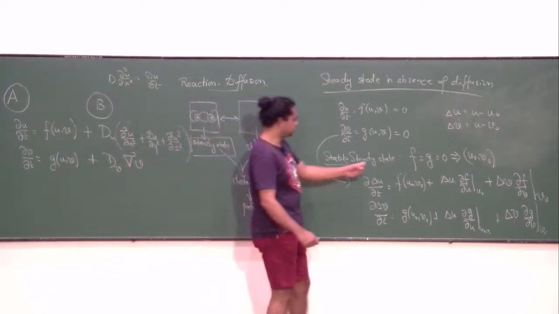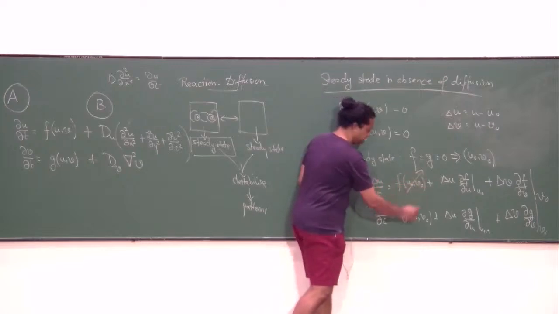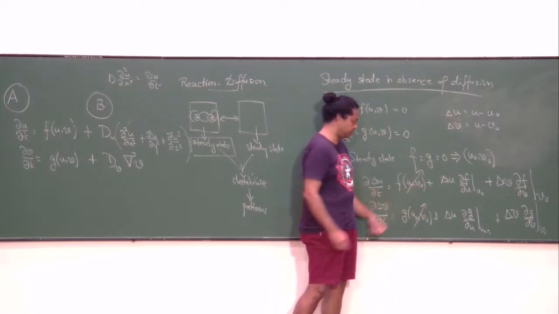Of course, because this is a steady state, these functions evaluated at U naught V naught are 0.